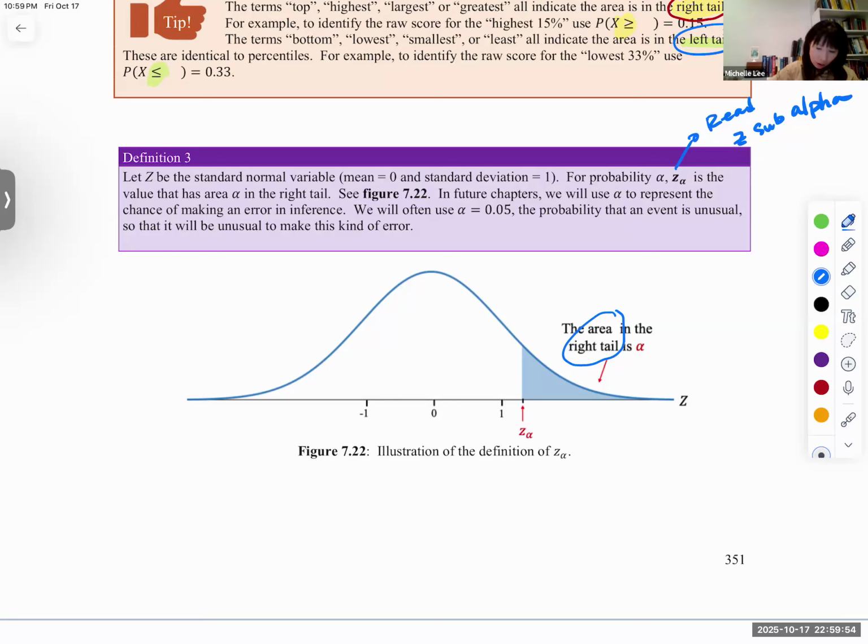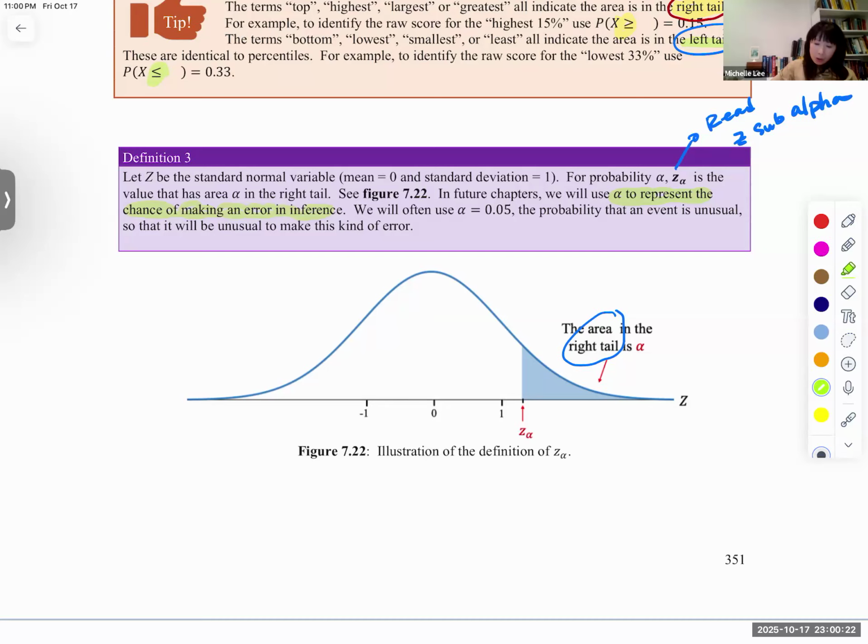Then what is alpha? We use alpha to represent the chance of making an error in inference. We're going to get to that in chapter 8 and 9.